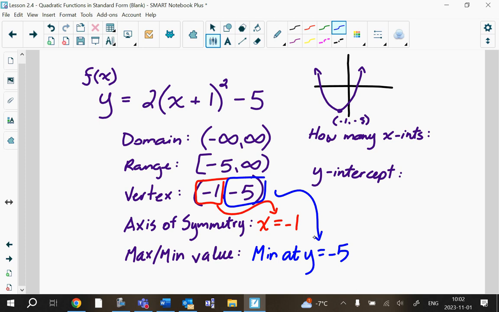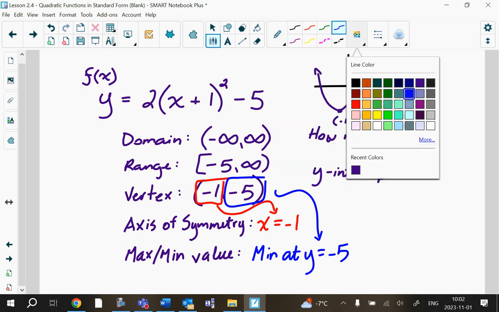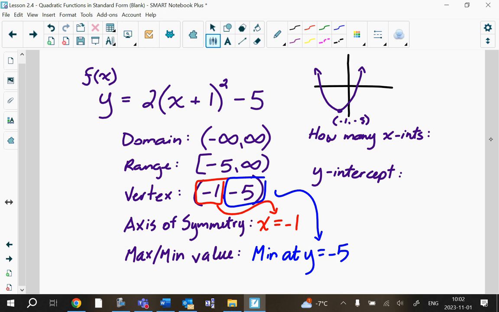X-intercepts, look at the sketch. 2. Y-intercept, well, we can't really use the sketch. It looks like it's going to be around -4 or something, but we don't know for sure. This is where we use our algebra skills. To find it algebraically, we make x equal to 0.